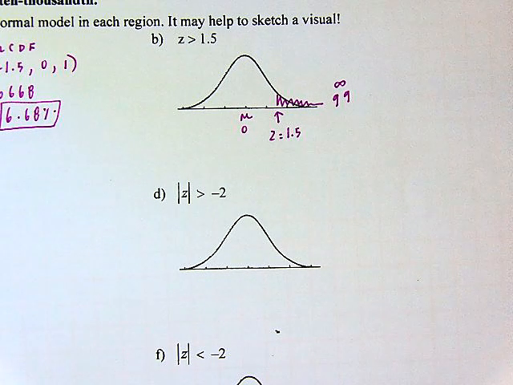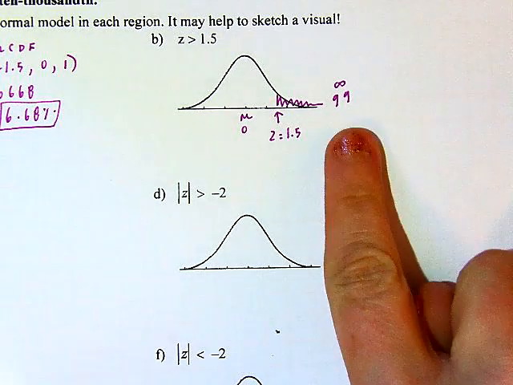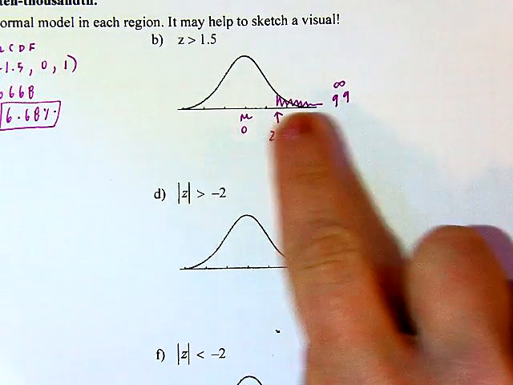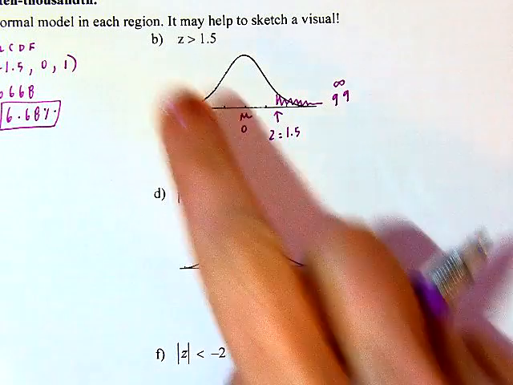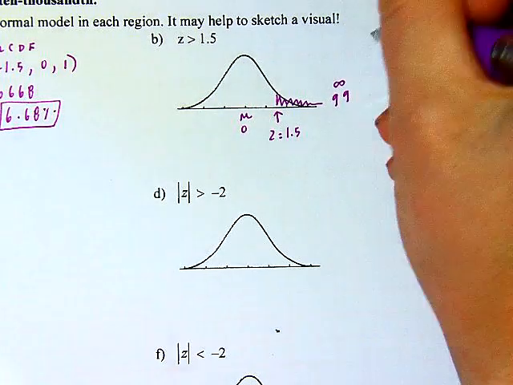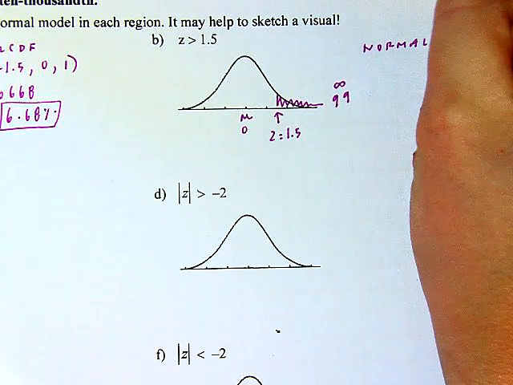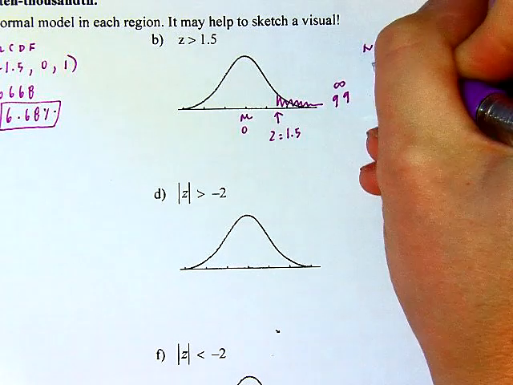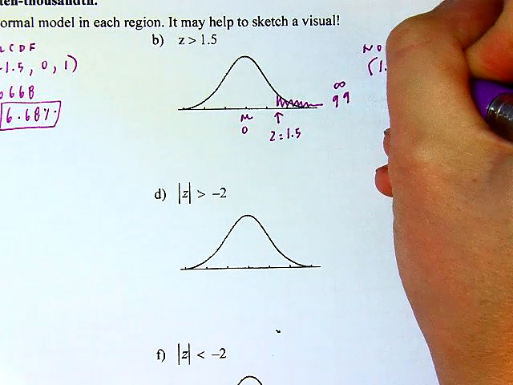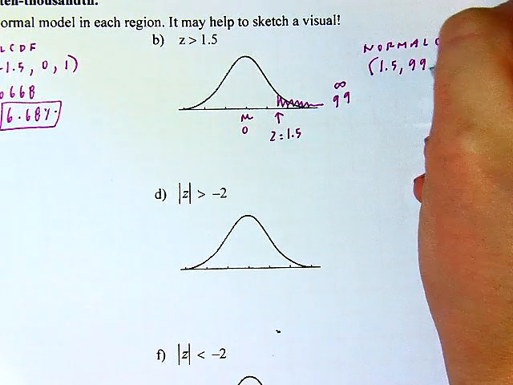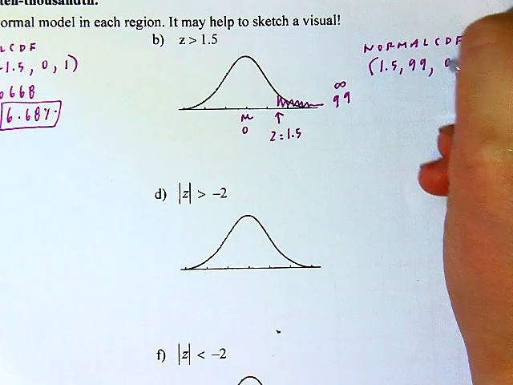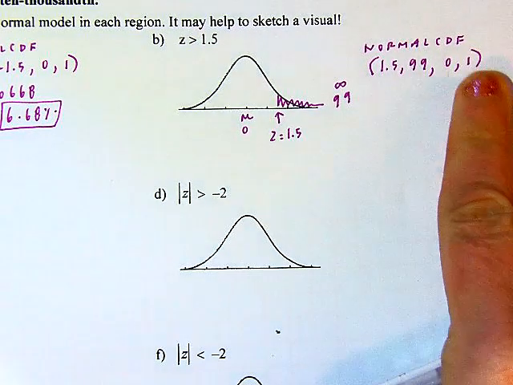So it's just capturing all of those unusually high or unusually low instances. So when I type this in, let me just write it out first, and then I'll show you what it looks like. So normal CDF, we're going from 1.5 to 99, again, placeholder for infinity, mean of 0, standard deviation of 1.